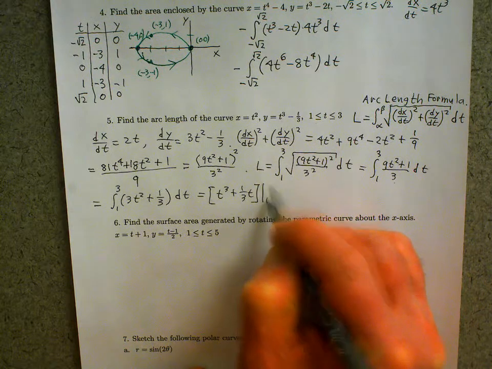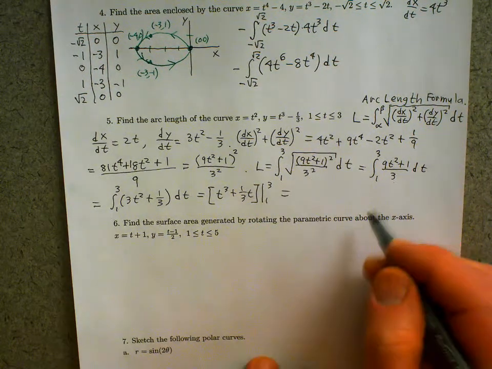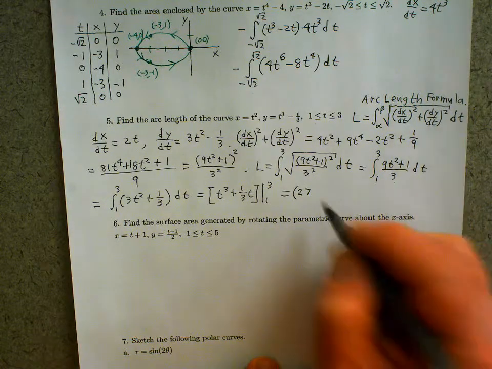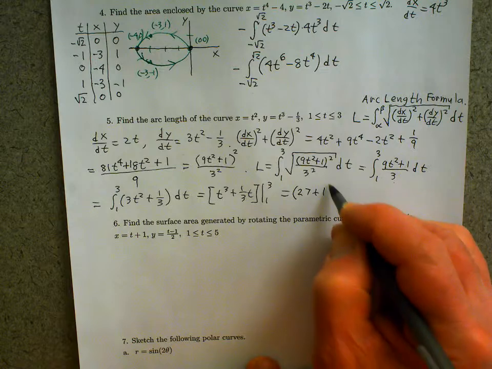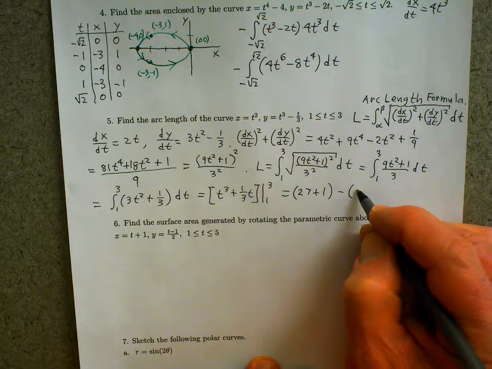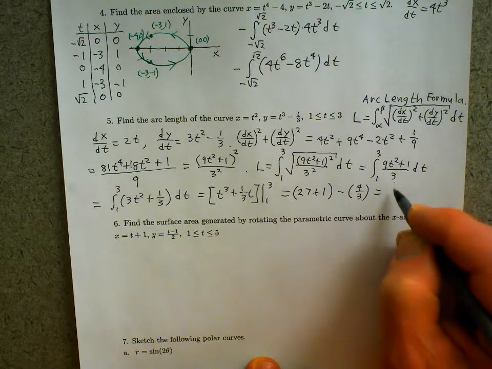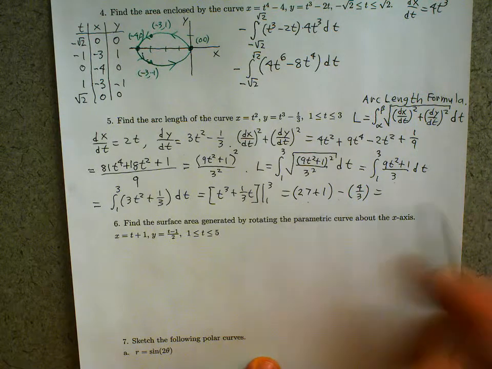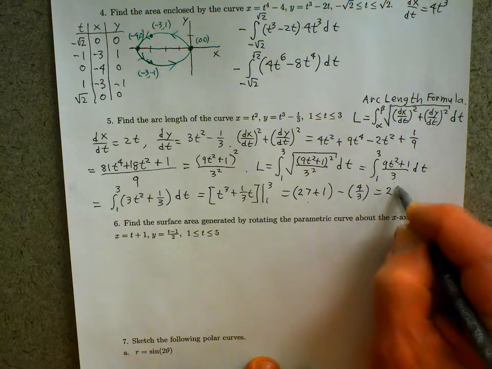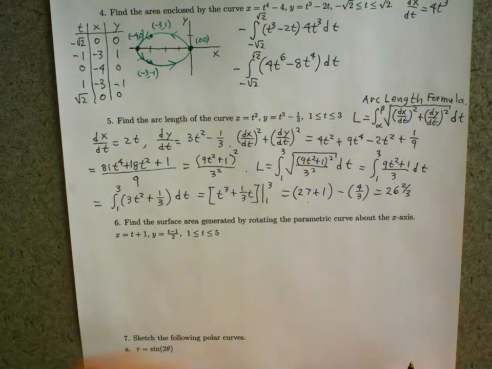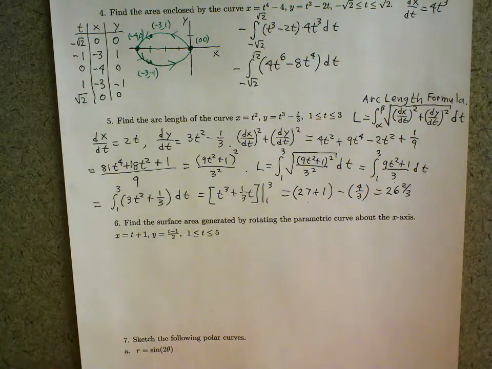And then from 1 to 3, so we get 3 cubed is 27, plus 1/3 times 3 is plus 1. And then minus 1 plus 1/3, which is minus 4/3. So 28 minus 4/3 is 26 and 2/3. That's what I got.